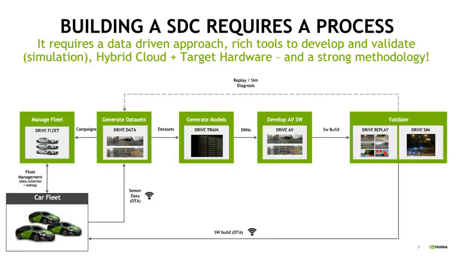And then downstream of that, the very last step, and one of the most important of the pipeline, is the validation step, where we take a final AV build and make sure that it passes a long list of tests that capture what we expect the AV software to do. For us, validation is made of two big components, replay and sim.